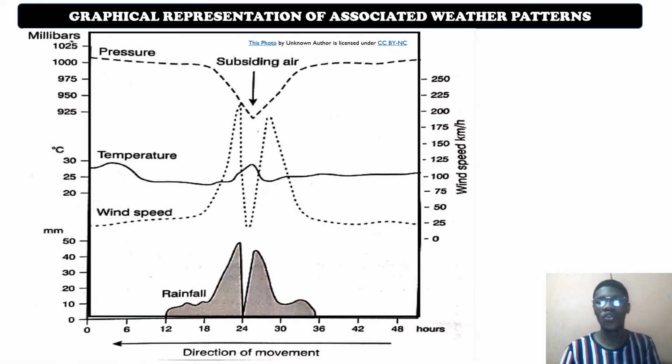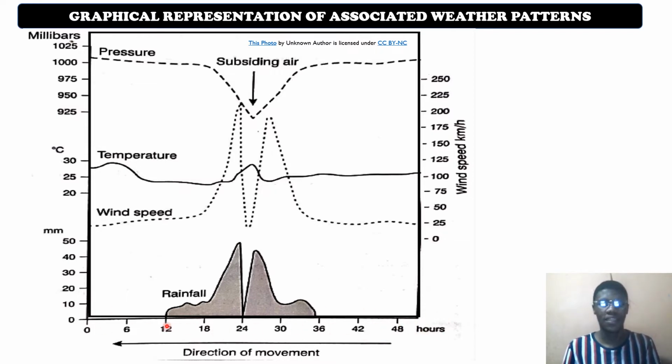looking at how we analyze graphs, a graphical representation of weather patterns associated with your tropical cyclone. Now, if you look at our diagram here, let me get a laser. Now, you need to be able to look at your set of axes. Now, you see that in our x-axis, we have time, right?